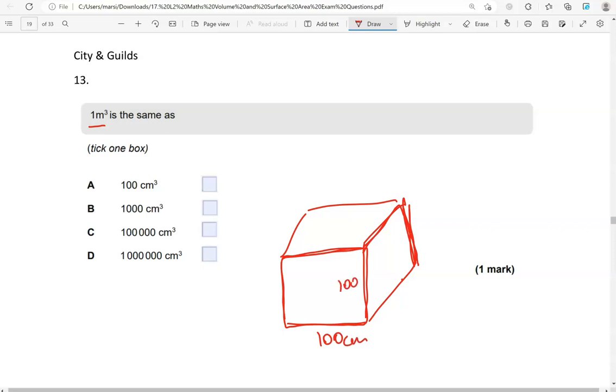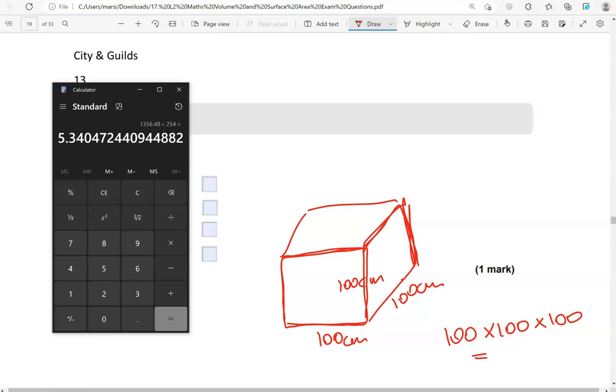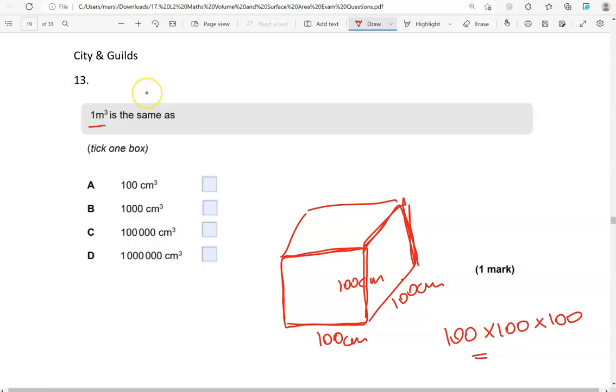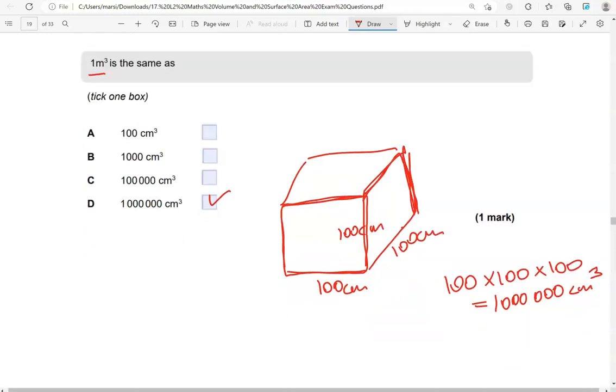So this is 100 centimeters as well, and this is 100 centimeters. To work out the volume, we do 100 times 100 times 100. That gives us 1 million cubic centimeters. So option D is the correct one. 1 cubic meter is the same as 1 million cubic centimeters.